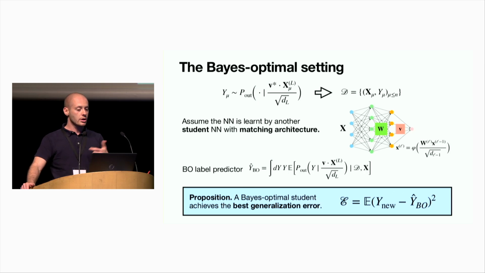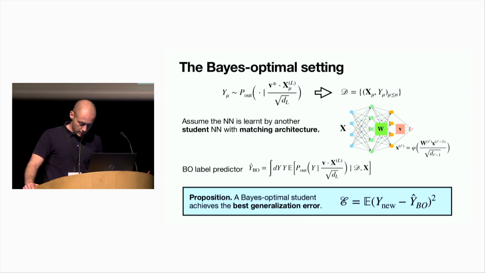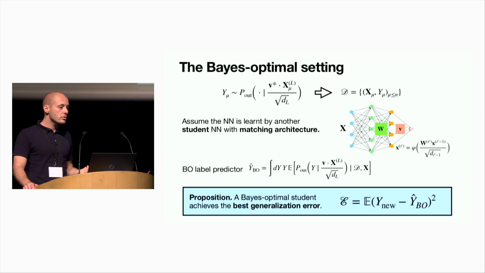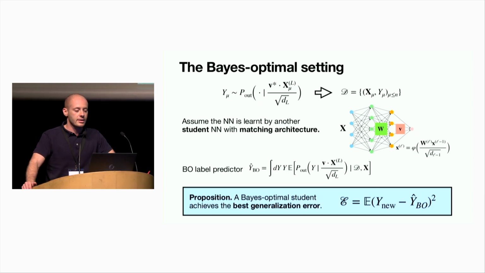And once the teacher has produced enough input-output couples as examples, we can form this training data set, calligraphic D. And let's say, in order to obtain a theoretical benchmark, a highly relevant setting, especially from the information theory point of view, is the Bayes optimal one, where one assumes that there is a student learning this correspondence set by the teacher that is a neural network itself, and it has an architecture that is fully matching that of the teacher. By this, I mean that the student is aware of everything about the generating process of the data except the realization of the weights of the teacher themselves.